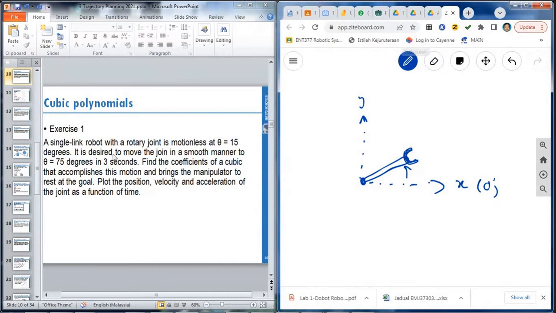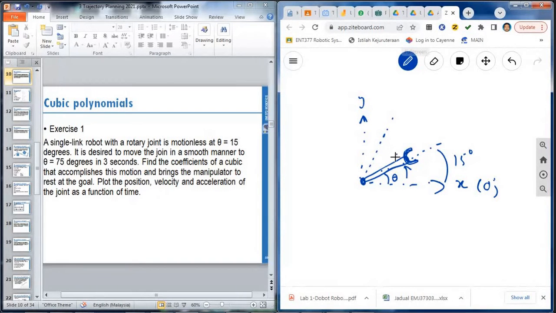So your robot is motionless at 15 degree. For example, this one is 15 degree. It is desired to move the joint in a smooth manner to 75 degree. This is theta.